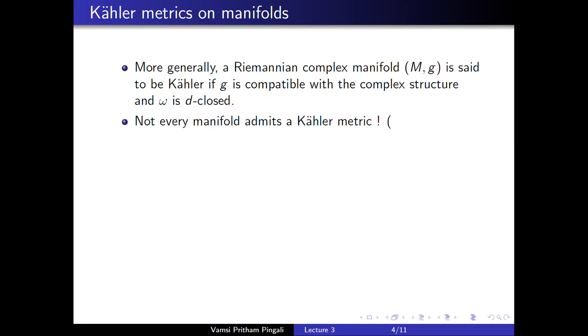The first step here is that not every complex manifold admits a Kähler metric. So rather unfortunate. It seems like a very natural way to get metrics, but not every complex manifold admits a Kähler metric. Okay.